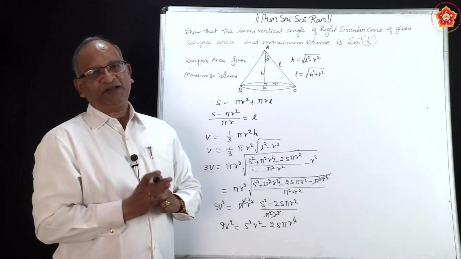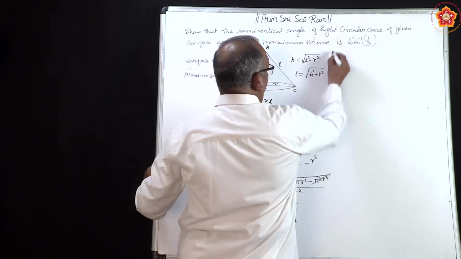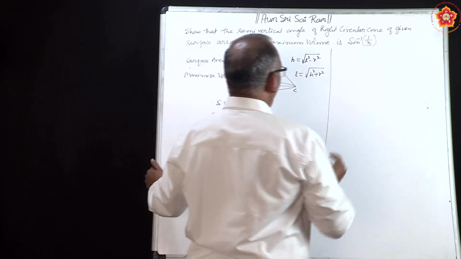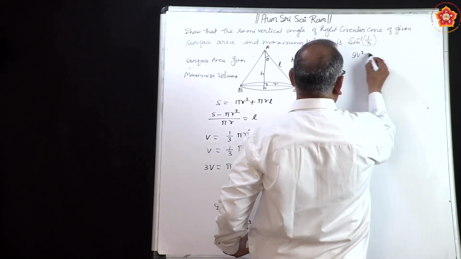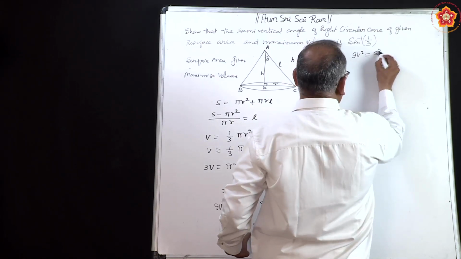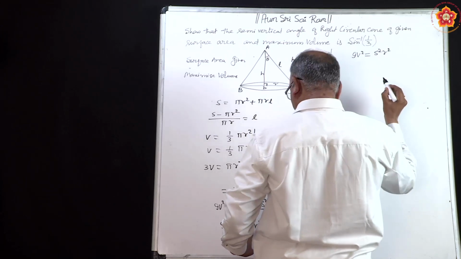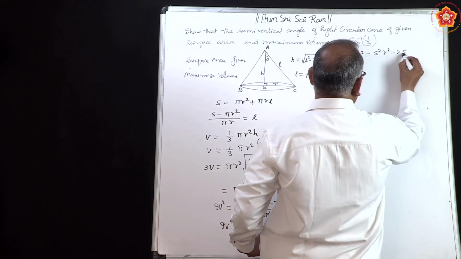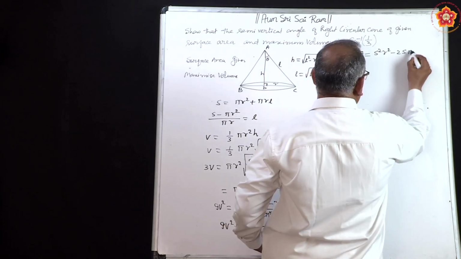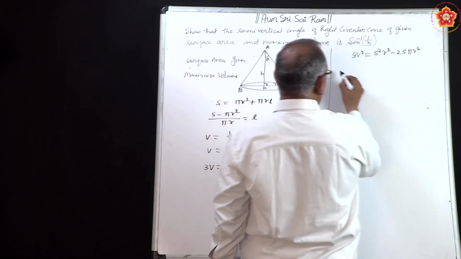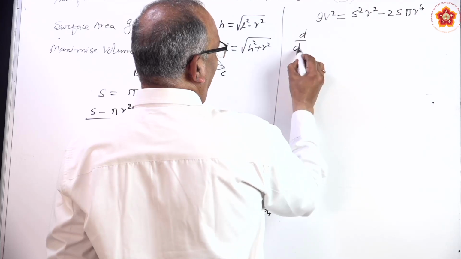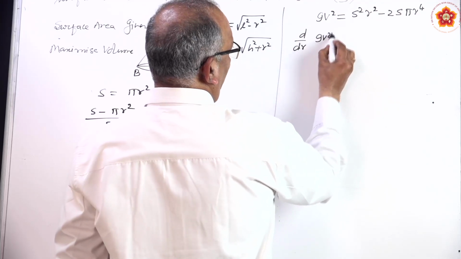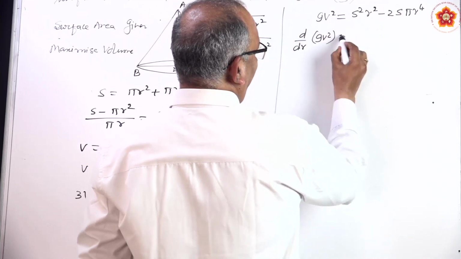Now you can go for differentiation. So our function is 9v square equal to s square r square minus 2s pi r to the power 4. So differentiate now v with respect to r. So it is d/dr of 9v square is equal to, find the derivative directly.